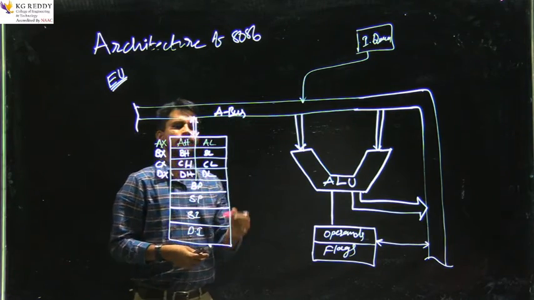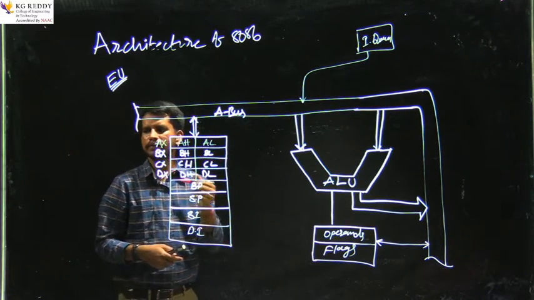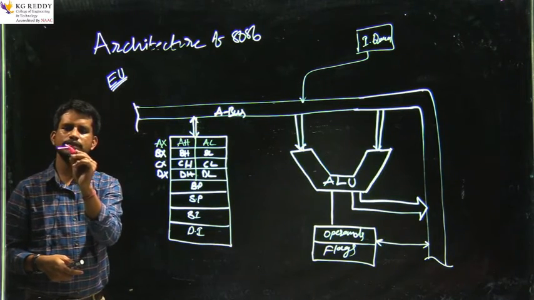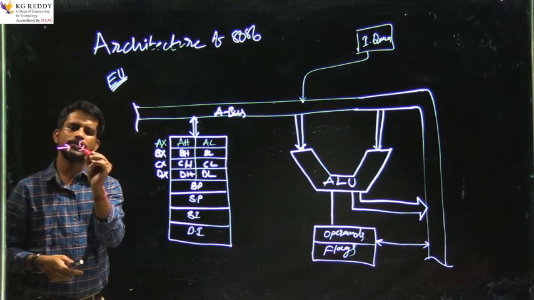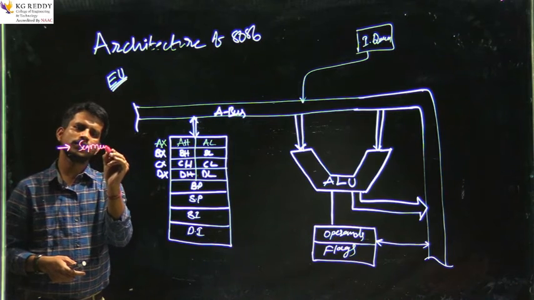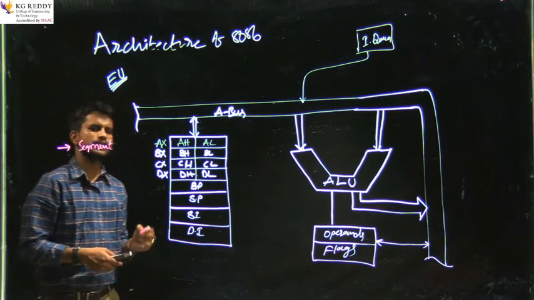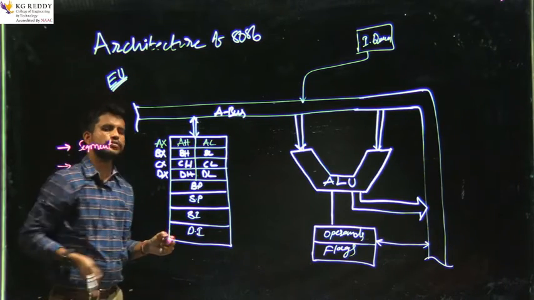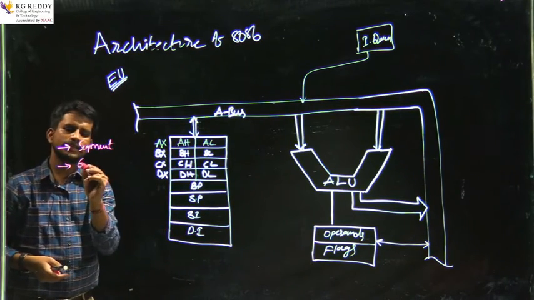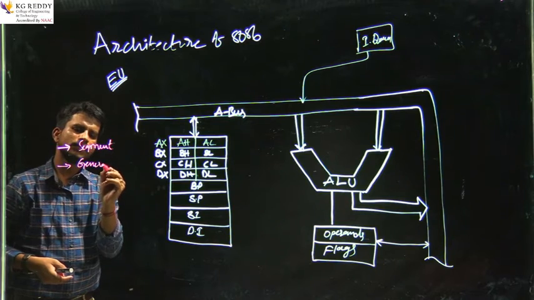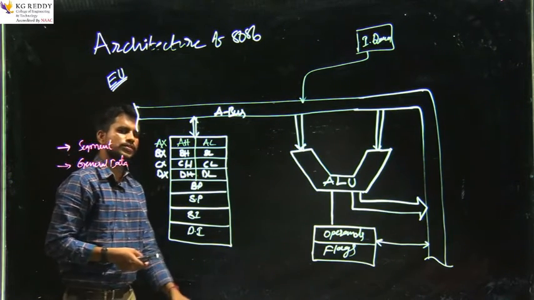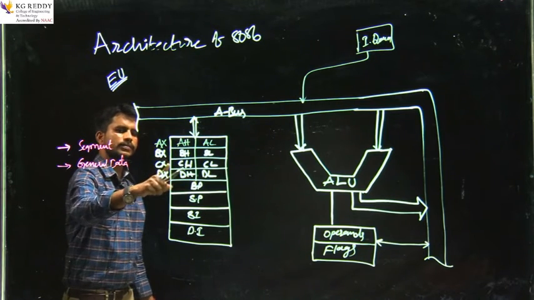As we have seen, different sets of registers are available in 8086. The first set are the segment registers, all 4 of which we have already seen in the case of the BIU. The second set are the general data registers, also called general purpose registers: AX, BX, CX, DX.